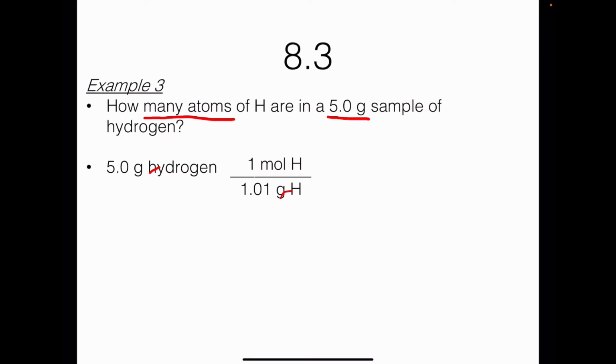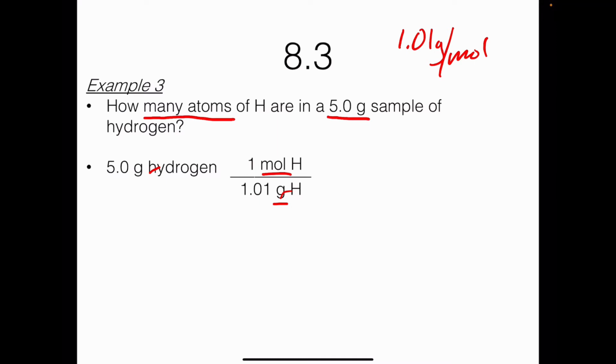So we may see on the periodic table, or in a given piece of information, something that looks like this: 1.01 grams per mole, and that's what that means. This is grams per mole. Doesn't always have to be grams on the top and moles on the bottom. Remember, we're just using this to be able to convert from one unit to another.